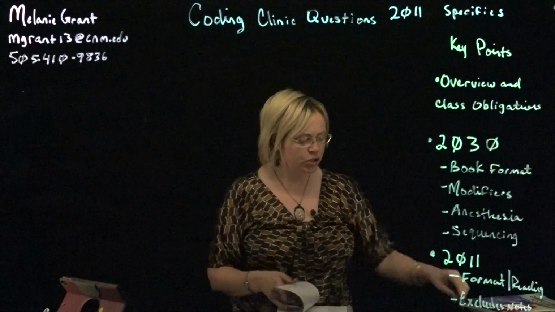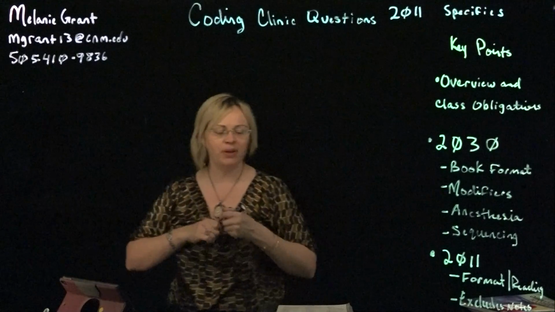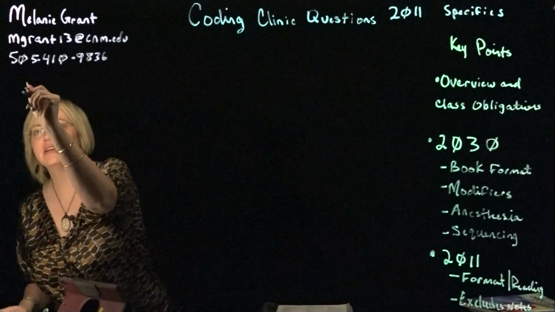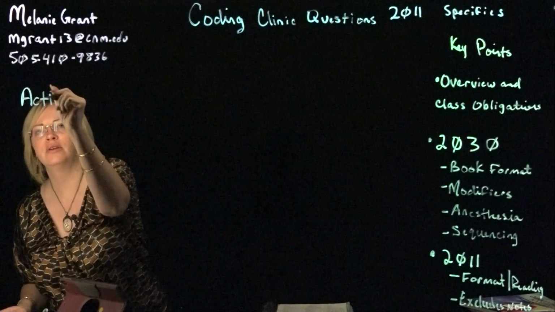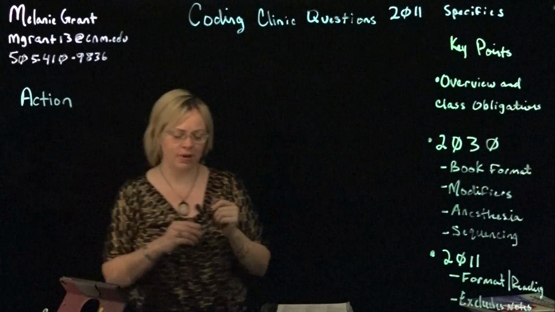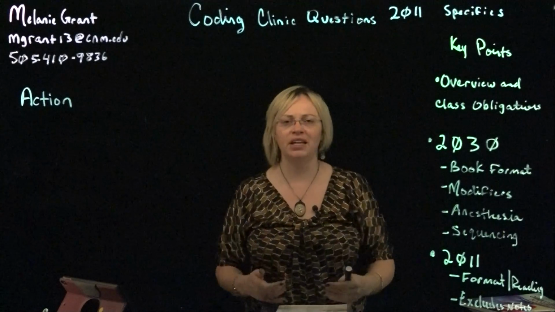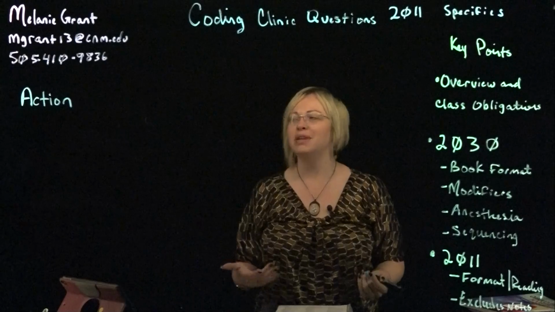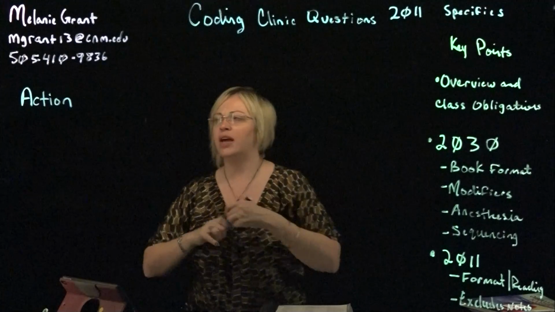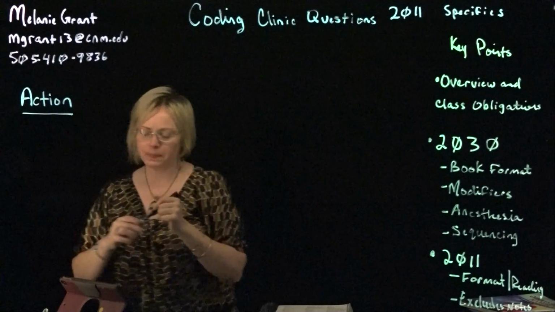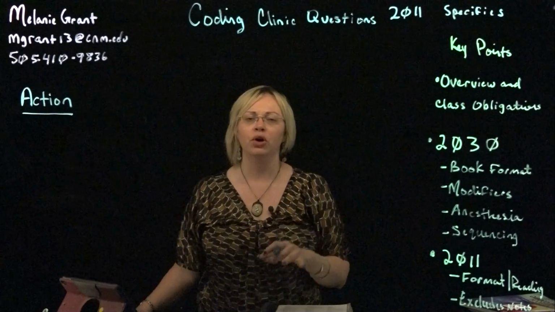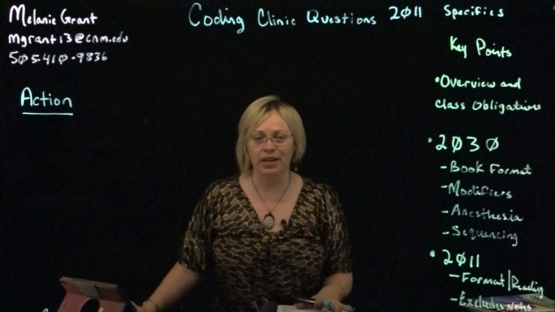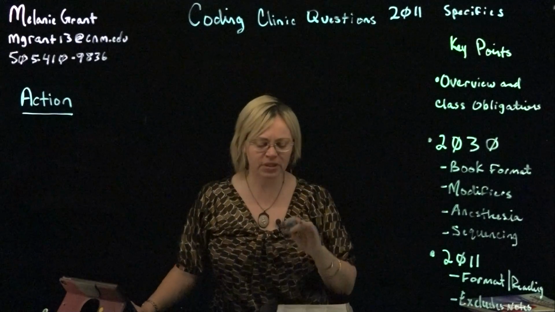When you're looking for terms, one of the things I can say about the formatting is to always think of the action word. I had a few questions about how do I find the main term? Well, your main term is the action, okay? So you remember, action is referring to what type of coding system you're in and what is our purpose for coding.